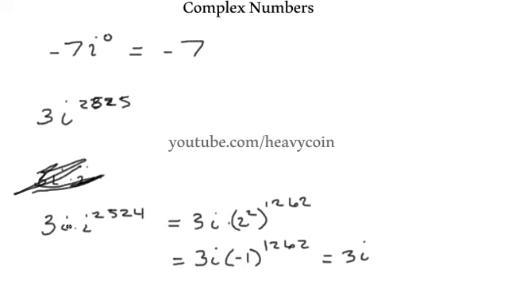We subtracted 1 there, add the exponents. Rewrite this as i squared raised to the 12th, because those two multiplied together gives us 24. And i squared is -1, and the negative raised to a positive even power is going to be a +1, and so we're just left with 3i. So this guy is equal to 3i.